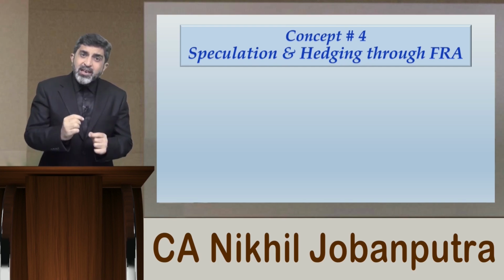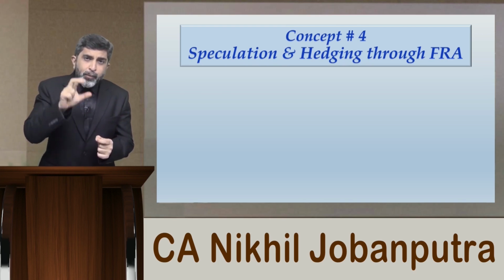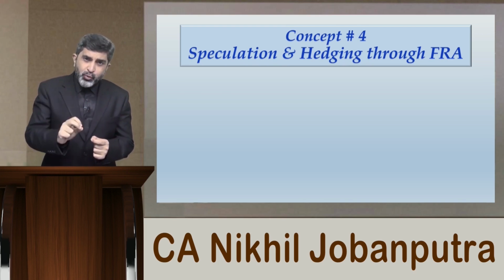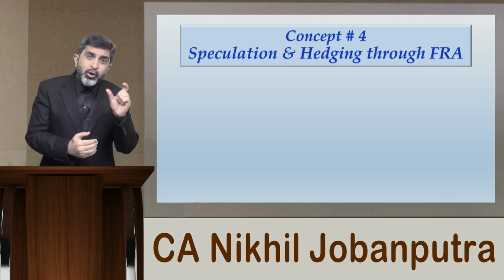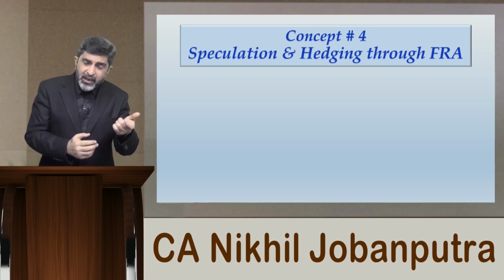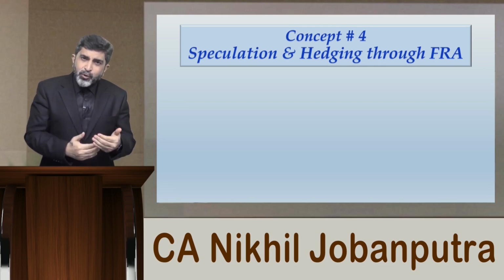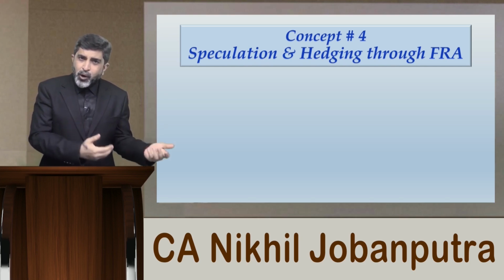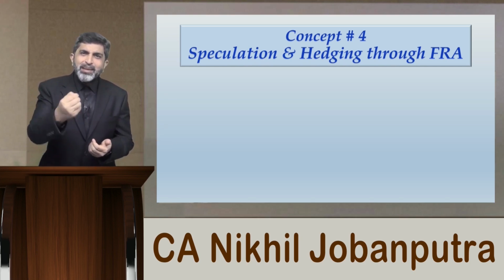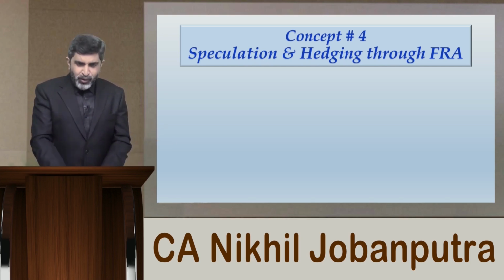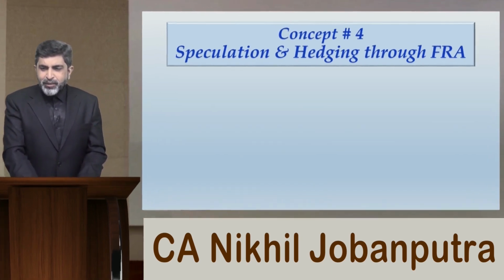This example will convey to you how to approach a speculative FRA situation, so that you will be able to logically understand how to determine that kind of speculative gain or speculative loss as the case may be. And instead of just mugging up and applying formulas, you should be able to logically make that calculation. So I want you to just concentrate on this example.